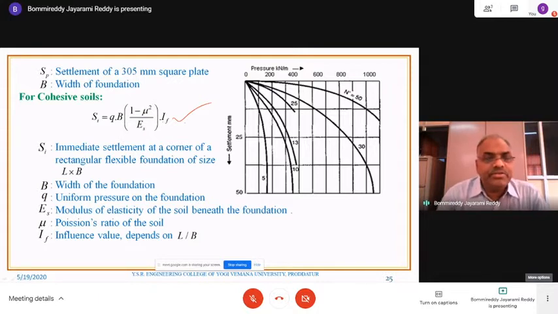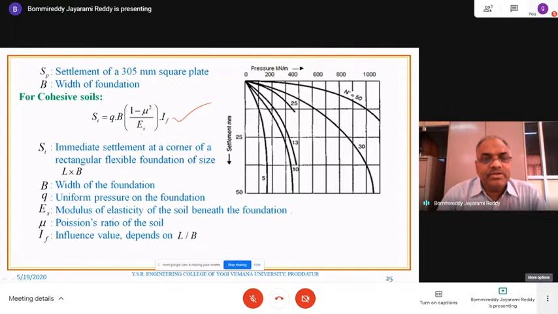If these parameters are given, it is called the elastic foundation, because the modulus of elasticity and Poisson's ratio are involved, which means the soil is elastic in nature. In such cases, immediate settlement will be equal to this formula. Just remember the formula.